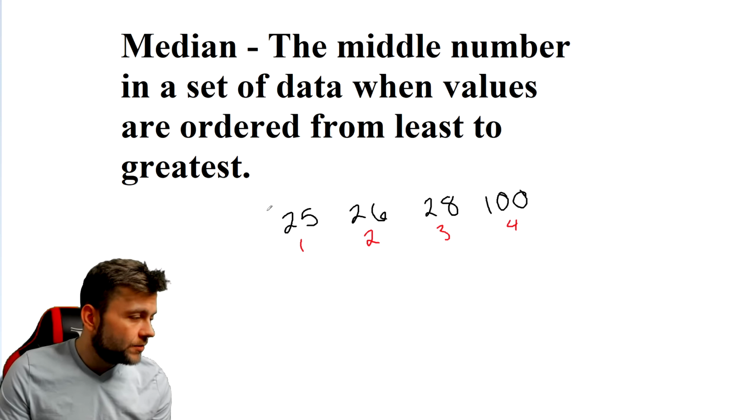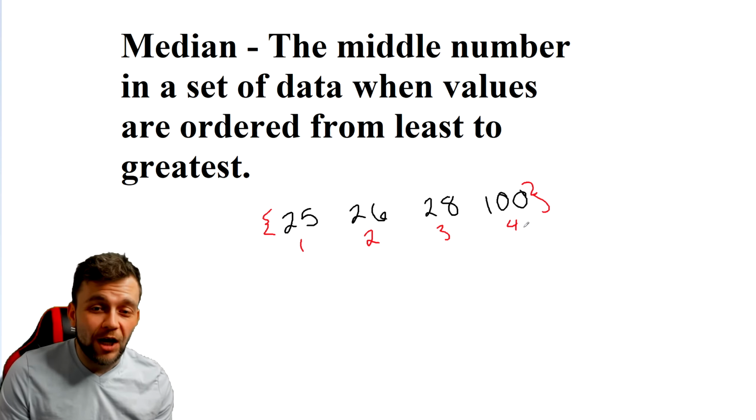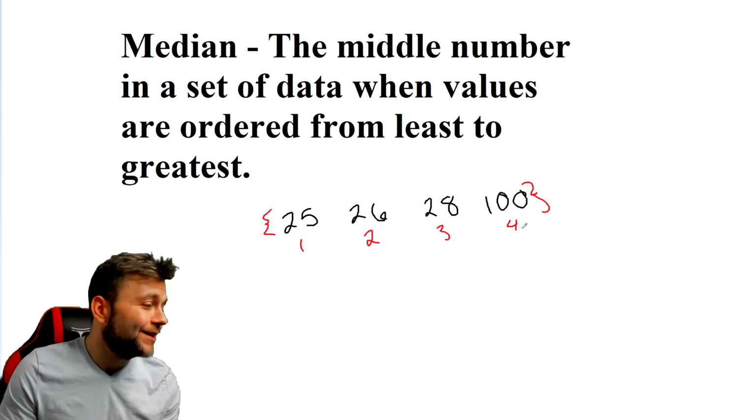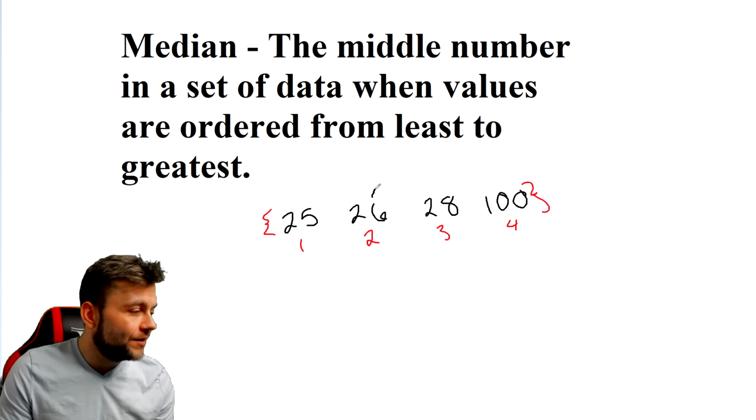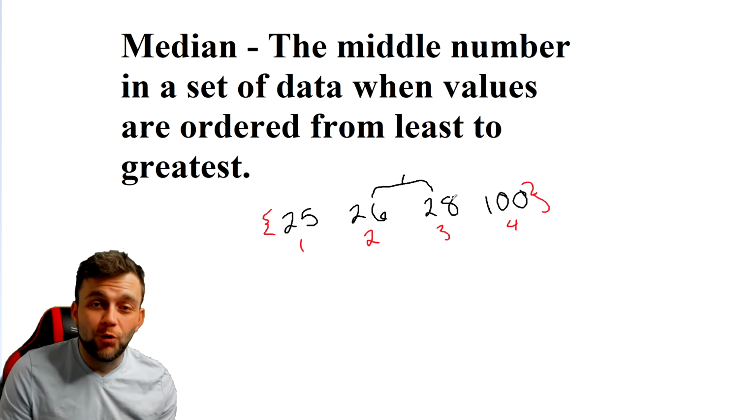So how do we resolve this issue? How do we figure out what the median number is? Well, you take a look at where the middle should be, and the middle should be in between 26 and 28.